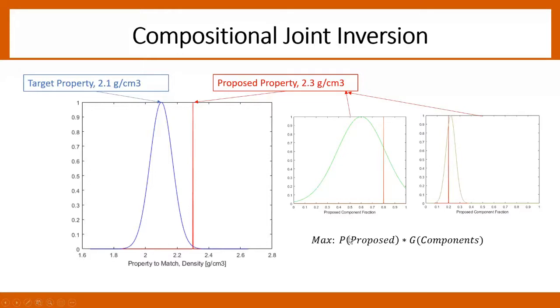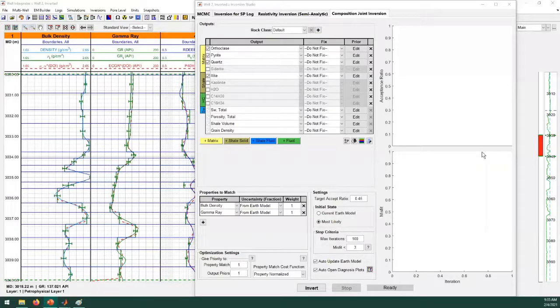So we're going to maximize the probability of the proposed property with respect to the target property, times the probability of the components given their priors. Keep in mind that it's multiple components and multiple properties. Again, this is an oversimplification. We're seeing it in one dimension, but in reality it's six or seven dimensions, but the brain is not really good at that, so it's better to see it in 1D.